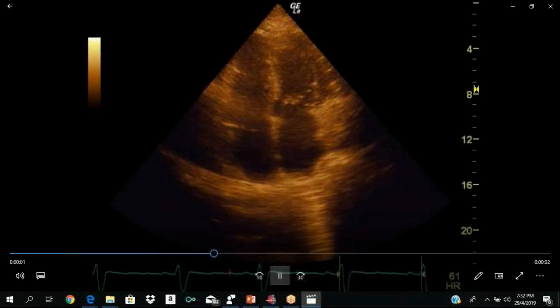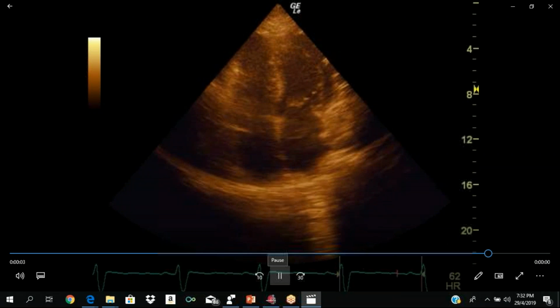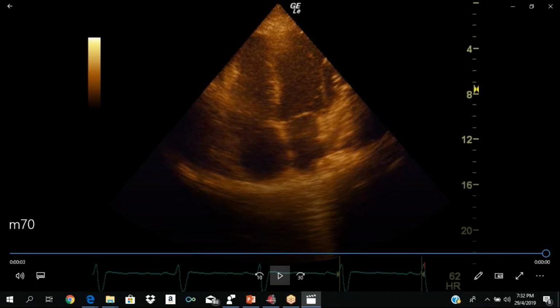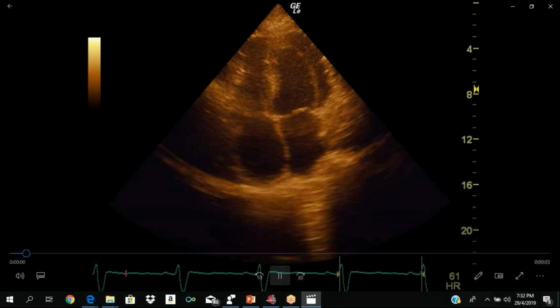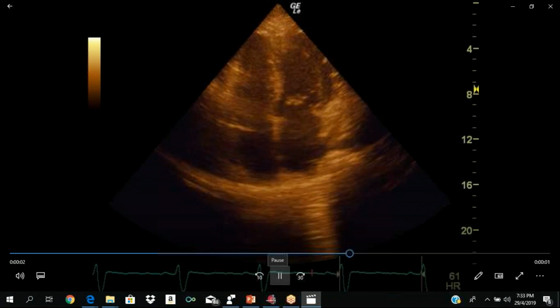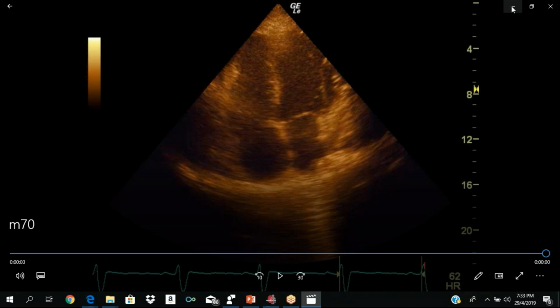Okay, let's look at it. So if you've been looking at a lot of normal studies, you can right away recognize that this ejection fraction is reduced. It's not normal.